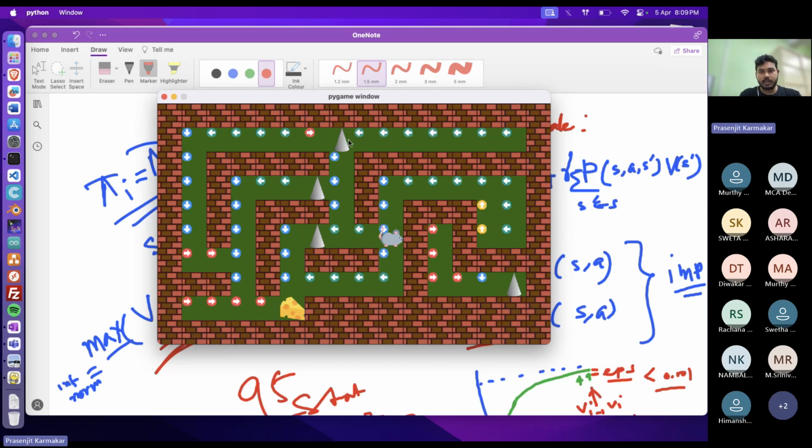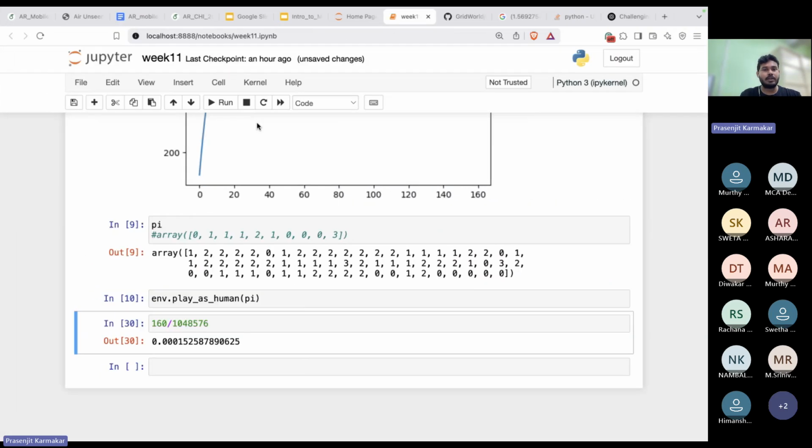Let's see where the problems are. Here is one problem, here is one problem. So two problems we can see. This should be solved. We just go and change the epsilon value.